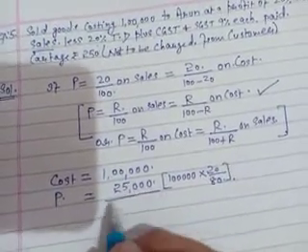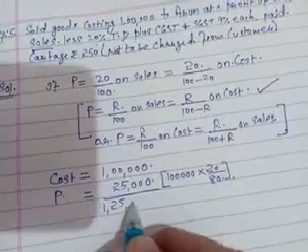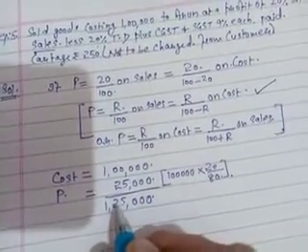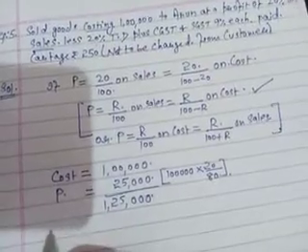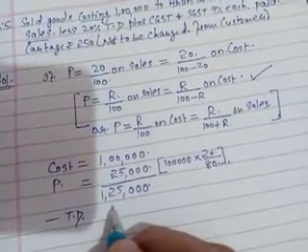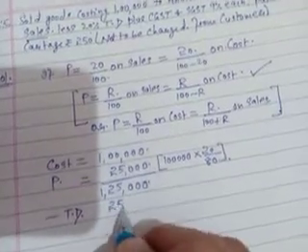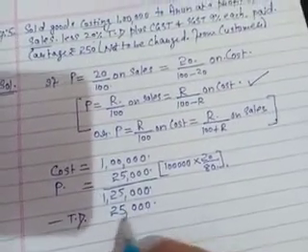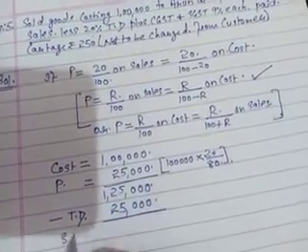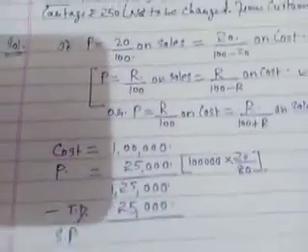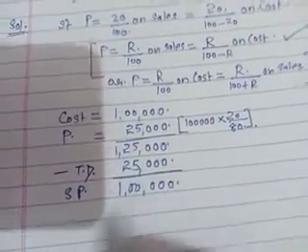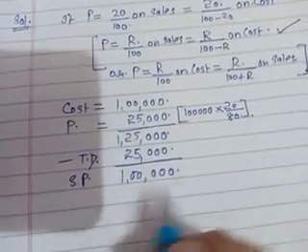Total comes out to be 1,25,000, and then minus trade discount, which is 20%, that comes out to be 25,000. So sale price is 1 lakh.